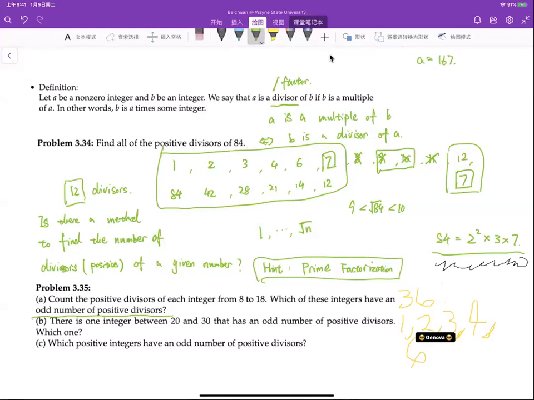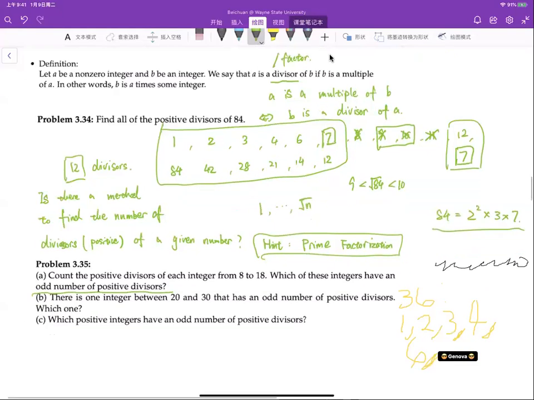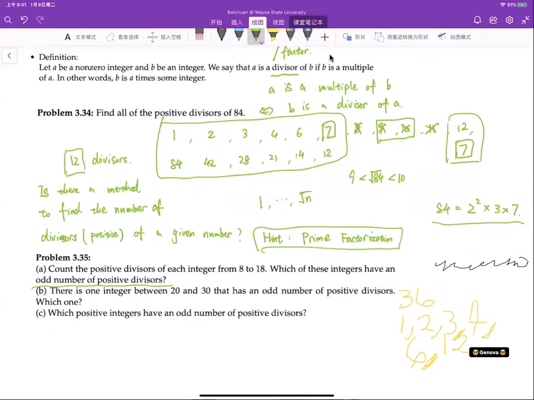So if there is an odd number of positive divisors, that means there's a number times itself equals something. So that number must be a perfect square. Very good.